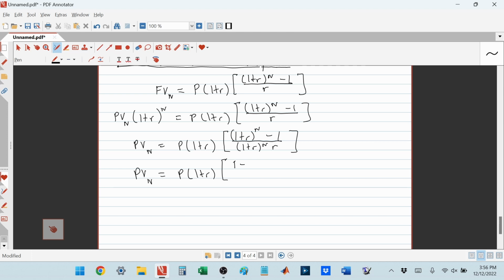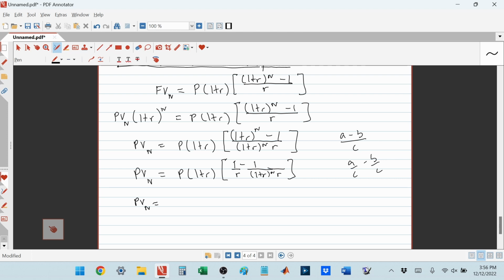And then minus, we're just left with 1 over R, sorry. And then minus 1 over (1 plus R)^n times R. So I put it into two fractions here. I'm just using the property that (A minus B) over C is the same thing as A over C minus B over C. That's all I'm doing here.